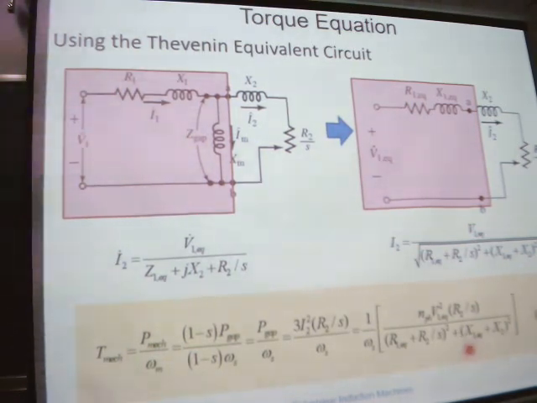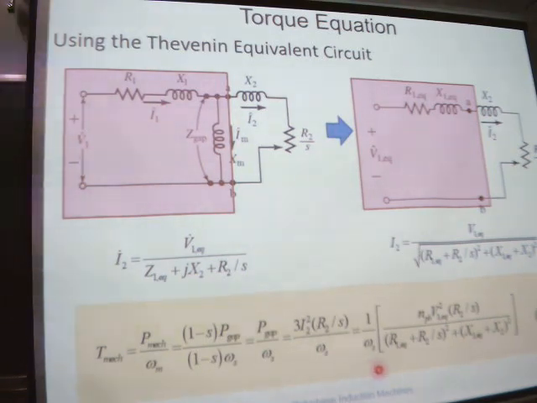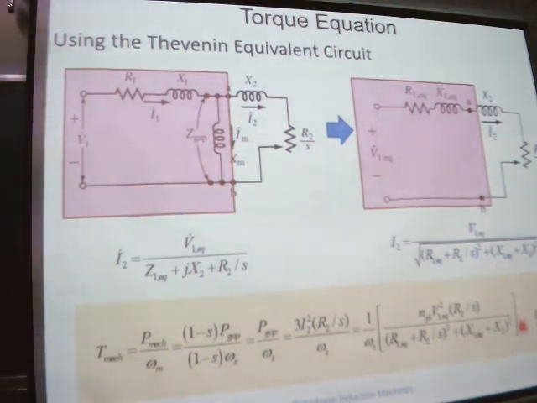We get this complicated equation, 6.33. We can obtain this from the other equations we studied yesterday. So eventually we get the equation for the torque.